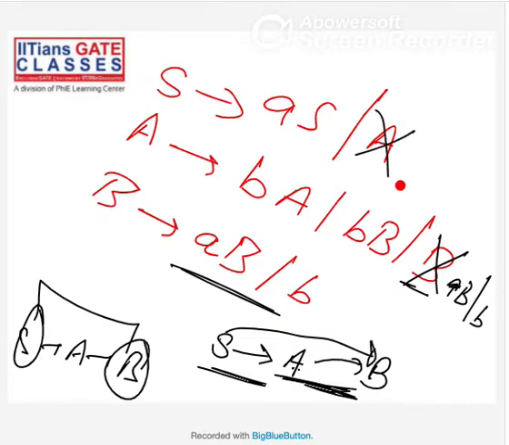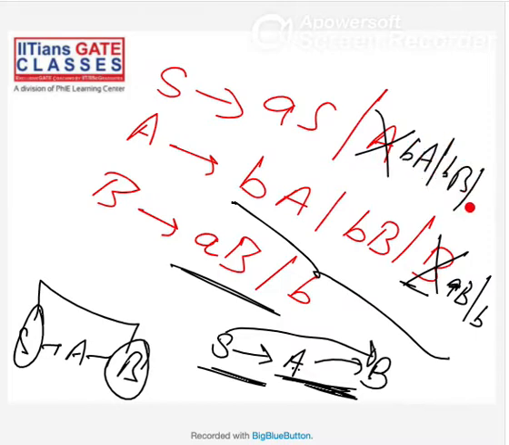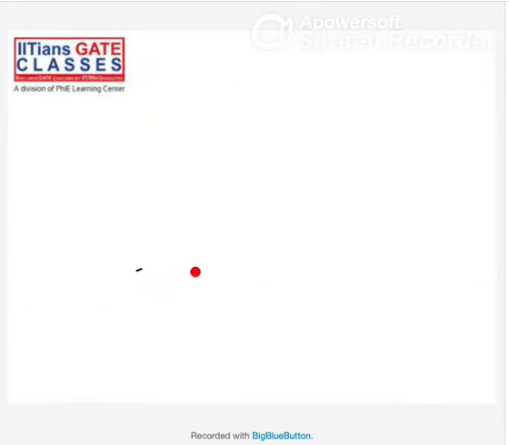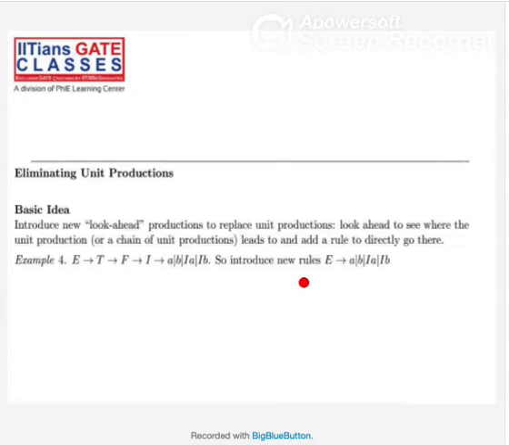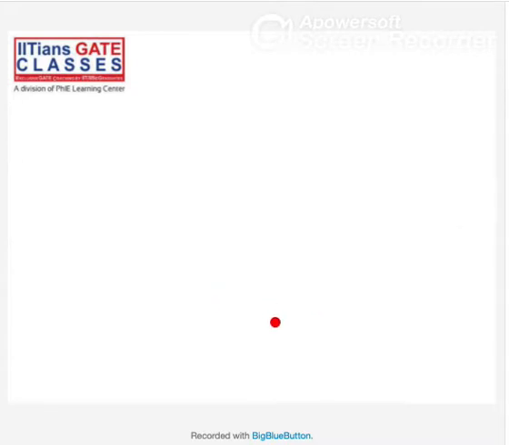Whatever this is deriving, put everything here and then remove this unit production. So this is how the unit production elimination algorithm works. This is a very intuitive and easy algorithm. You can just directly use it.